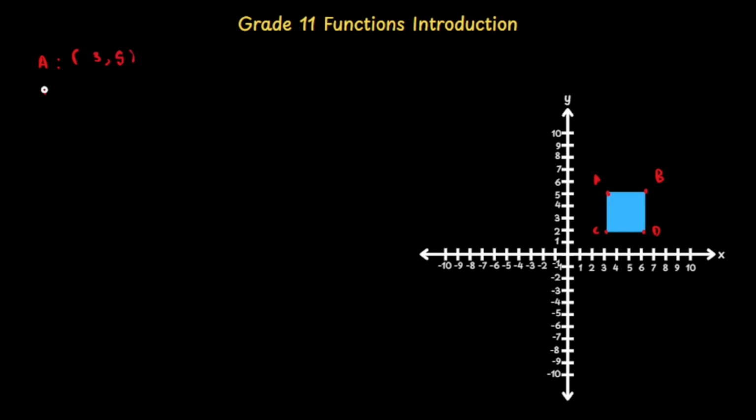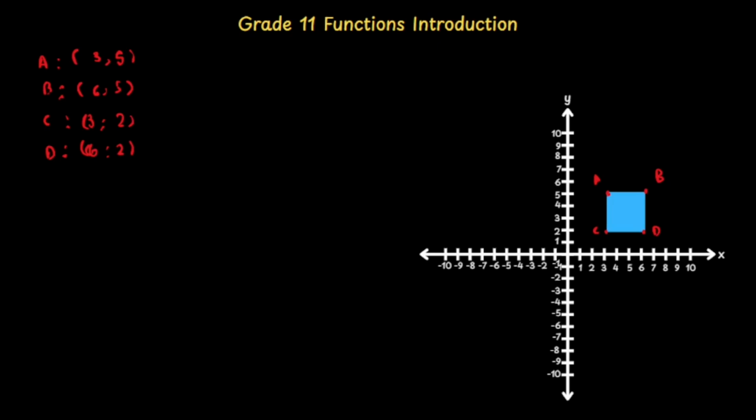Corner B has an x value of 6 and a y value of 5. Corner C has an x value of 3 and a y value of 2. And corner D has an x value of 6 and a y value of 2.